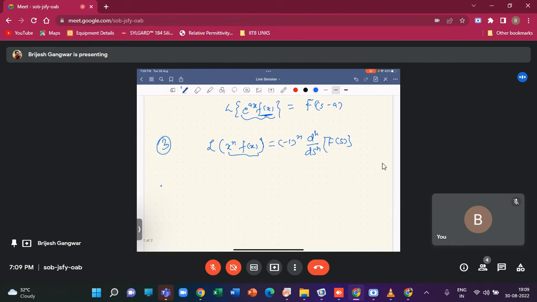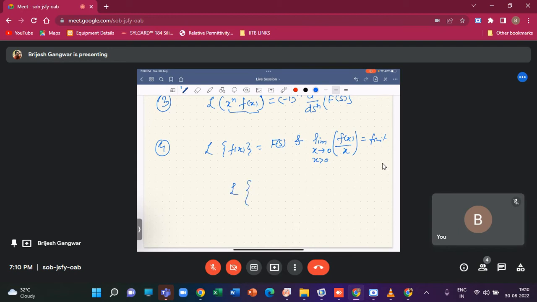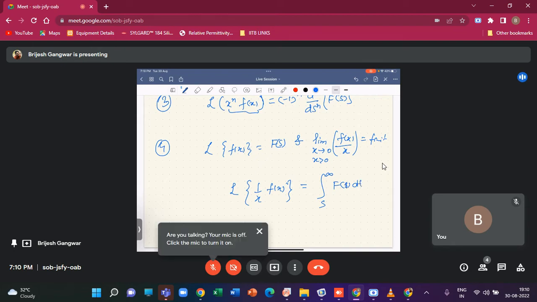And the next thing is, if the Laplace transform of f(x) is defined as F(s), and the limit as x tends to 0 from the right of f(x) upon x exists, it is some finite number, then the Laplace of 1 by x times f(x) you can find by integrating from s to infinity F(t). We exchange the variable s to t, right?